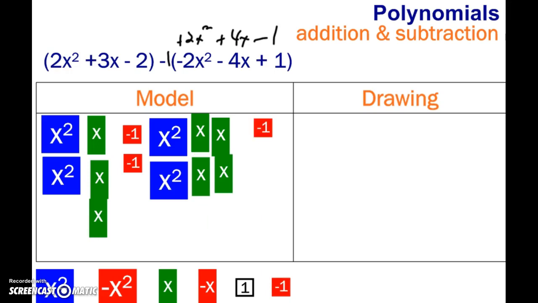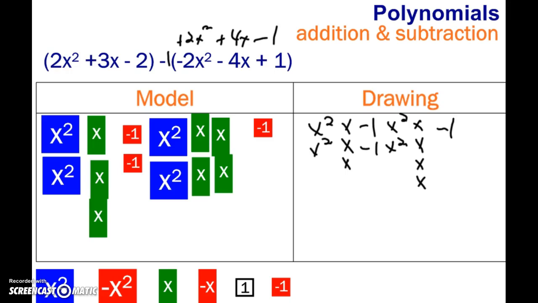There again, that's the actual model. Your drawing can just be the separate pieces. That's fine with me. And then I check to see if I have any inverses, any negatives here, opposites.